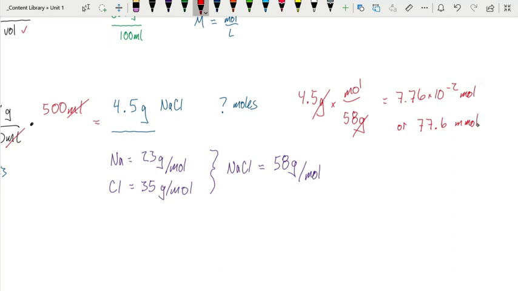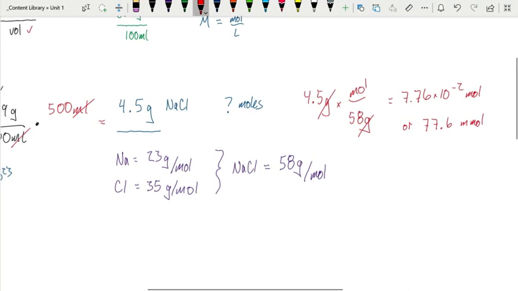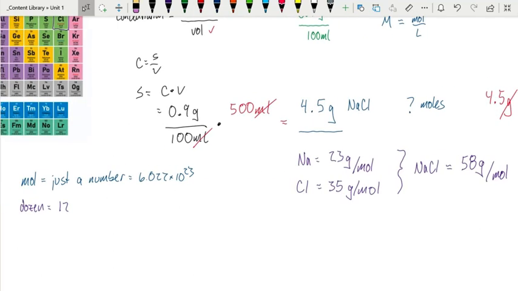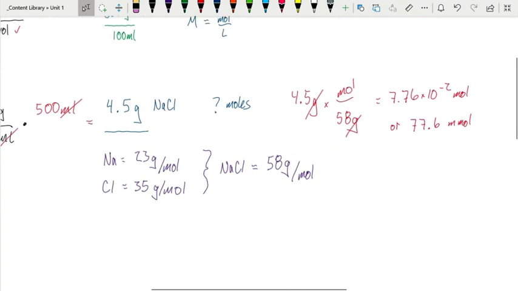Now, just to wrap that all up, if I have 77.6 millimoles of salt, what that means is that if 1 mole is 6.022 times 10 to the 23rd, then I could actually count out individual sodium chloride molecules one at a time. I don't have a lifetime to do that, but it would come out to this many, 77.6 millimoles. It's just a number.